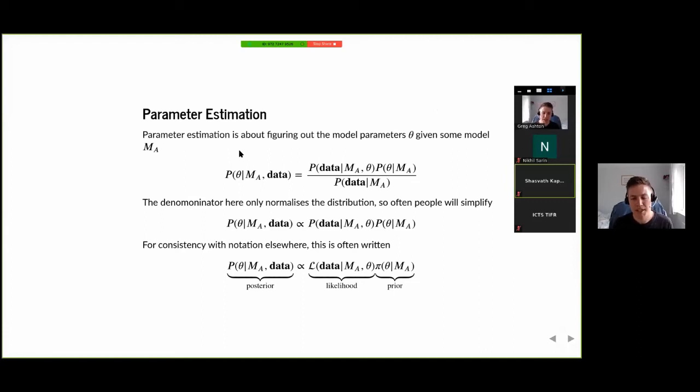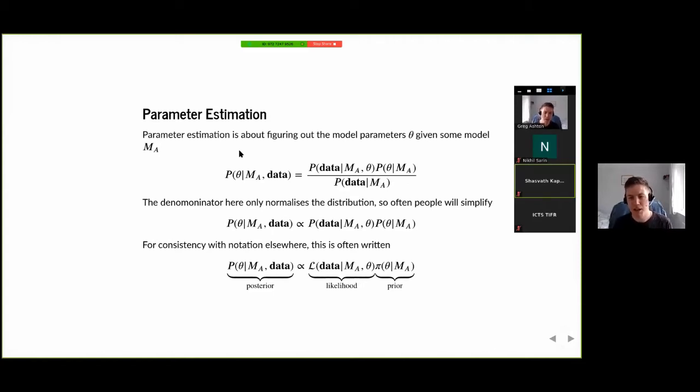Okay, so let's think now more about parameter estimation. Before, I'd written out Bayes' theorem as probability of A given B, and then you have the right-hand side of that. Now I'm plugging in things which are better related to the problem at hand. I have some model, which I'm going to call model A, and I have some data, which is always capital D, and I have theta, which is the model parameters of model A. So in the top line here, I've plugged these into Bayes' theorem.